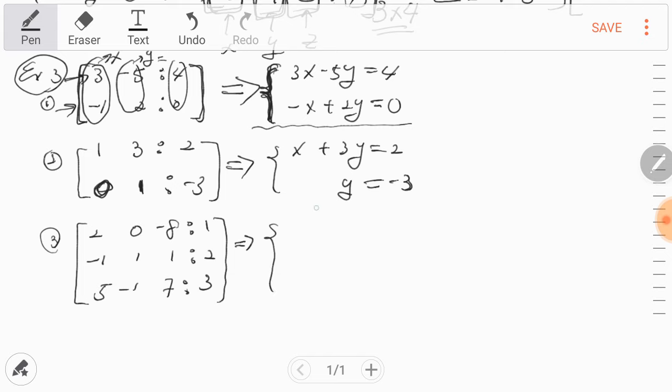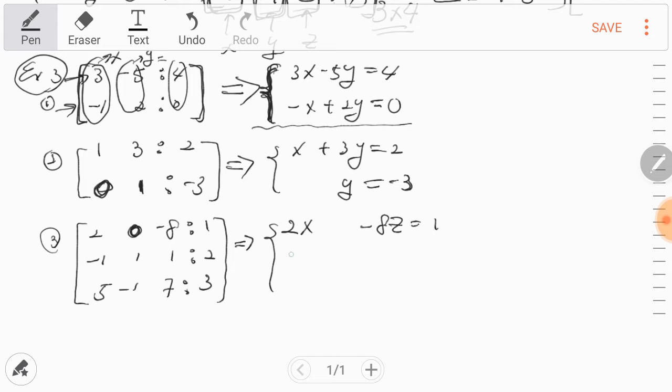Okay, the first equation is 2x plus, okay, the coefficient of y is 0, so don't write the y term. And then the third one is negative 8z equals 1. Since the second value is 0, we will leave a space for the y term.